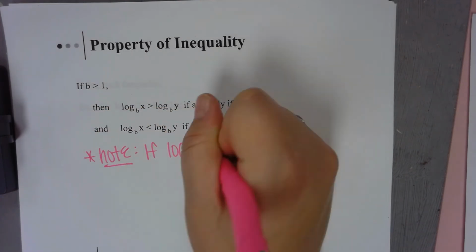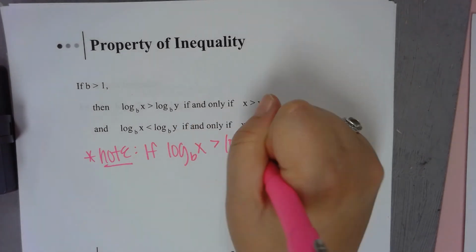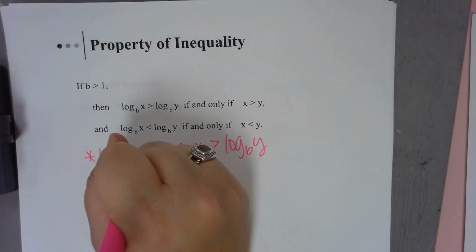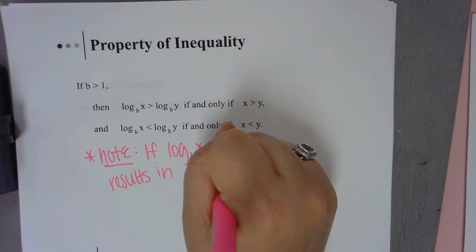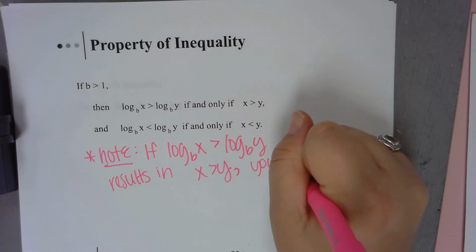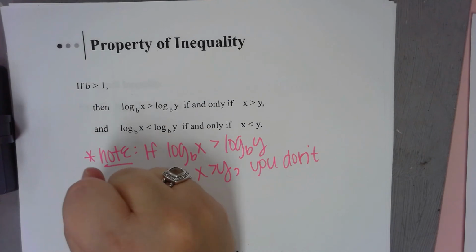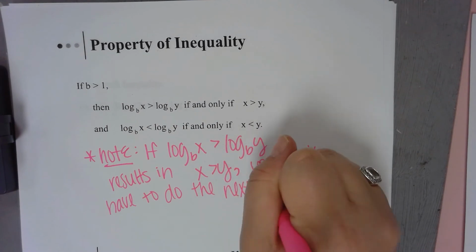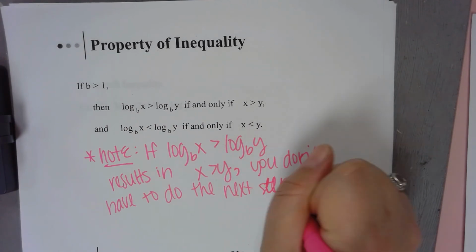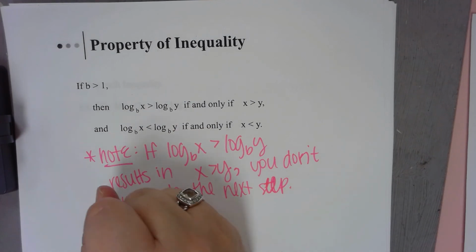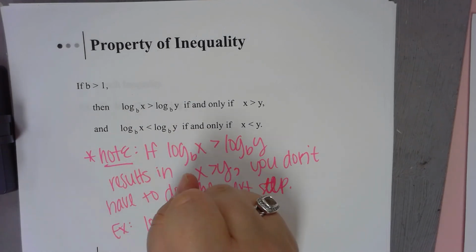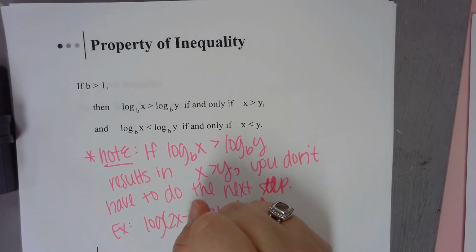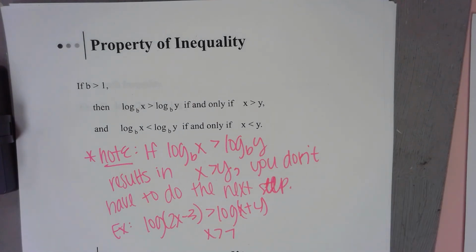If log base b of x is greater than log base b of y results in x is greater than y, you don't have to do the next step. I can't spell step. For example, log of 2x minus 3 is greater than log of x plus 4. X is greater than 7.